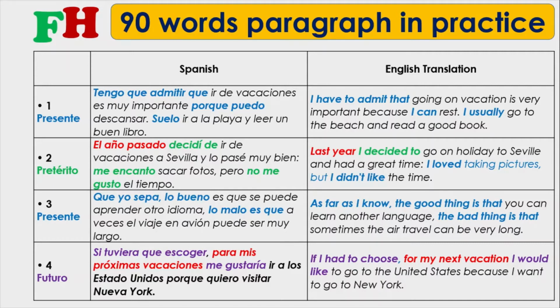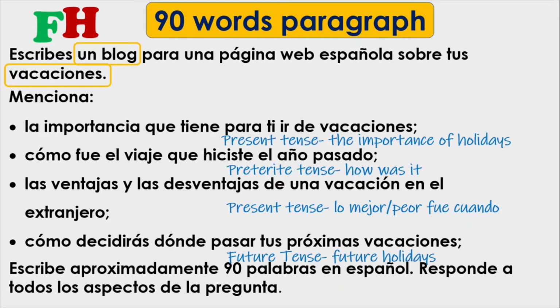Now in preterite, if we'll go back to the task, the word says, how was your holiday? What did you do on holiday last year? So that means you need to start with this particular time phrase, el año pasado.